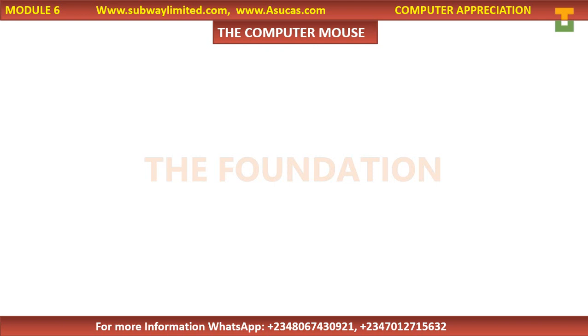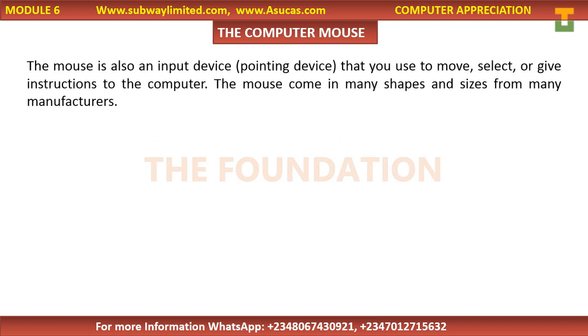So the computer mouse, let's equally look at the computer mouse, is another important input device of your computer system. We already know what the computer mouse is. Just for emphasis, the mouse is also an input device.